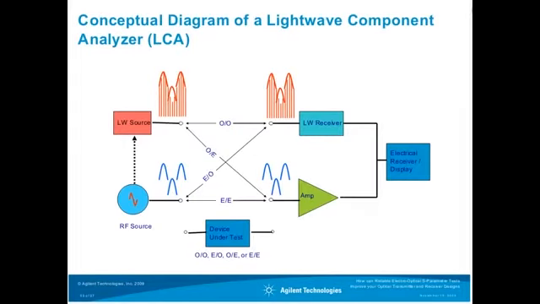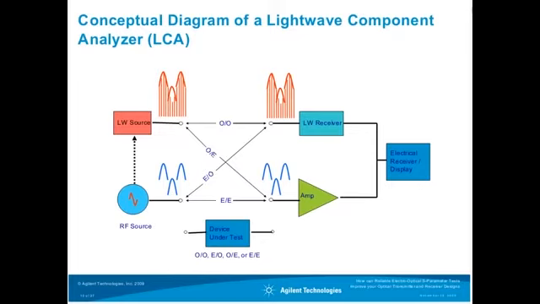Now let me come to the conceptual diagram of a Lightwave component analyzer. A Lightwave component analyzer measures the optoelectronic characteristics, where one part is electronic and the other is optical, and it's a conversion between those two worlds. So a Lightwave component analyzer is a measurement instrument which measures small signal amplitudes based on sinusoidal signals.